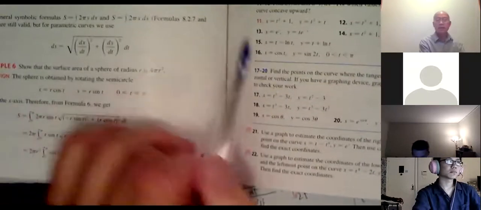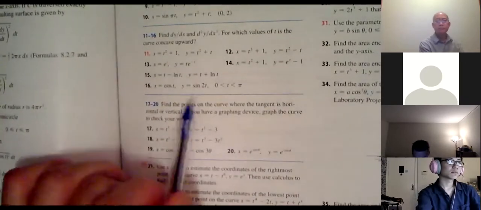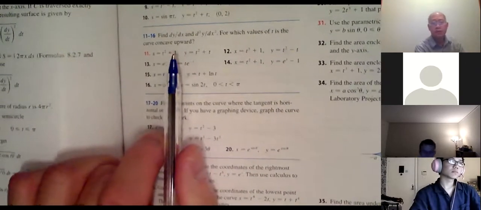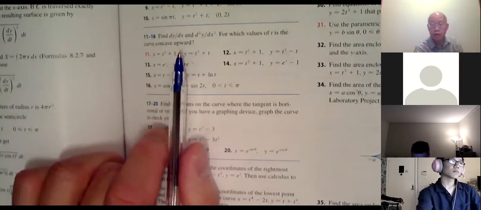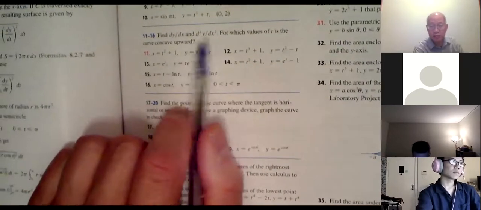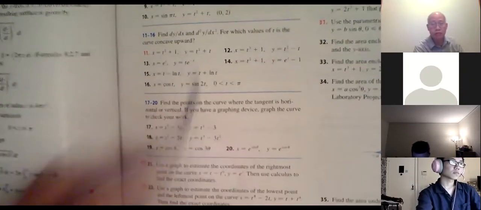I'll show you how that works now. And after that, it says, when is the curve concave up? So think back to Calc 1. Concave up means the second derivative was positive, right? So I take the second derivative expression and find out when the expression is positive. That would be concave up.